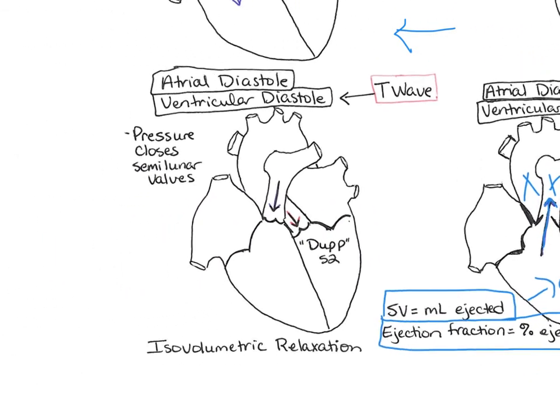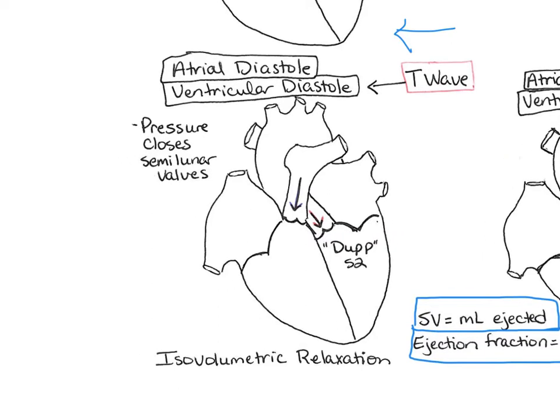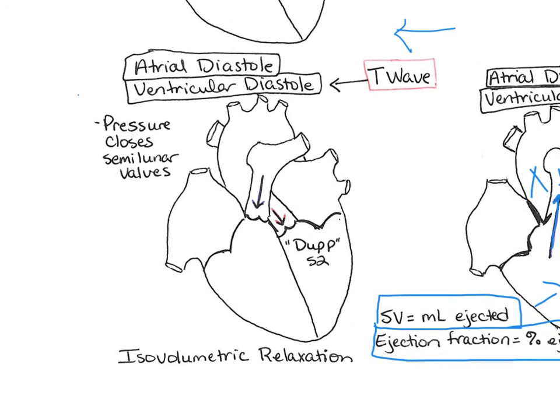The next thing that we have here is where both of them are going to relax. Both the atria and the ventricles are going to relax. So we start ventricular diastole. We are still in atrial diastole, right? On the ECG, you'd see the T wave first, and then the ventricles would start to relax.